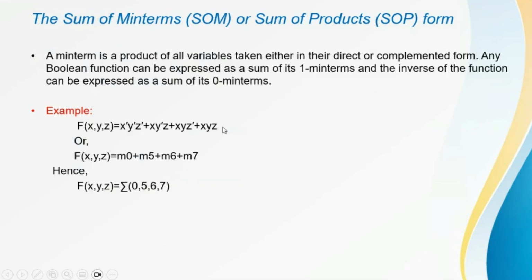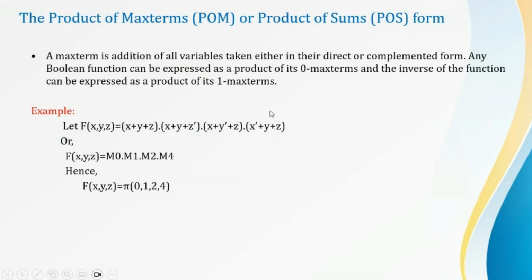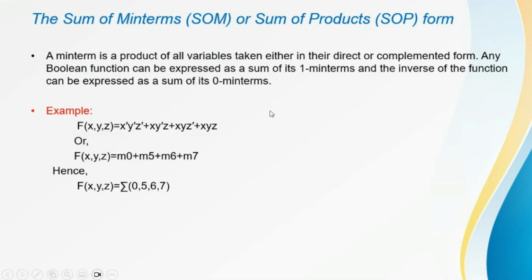So this we call like an AND gate. SOP can be denoted as an AND gate. This can be given as M0, M5, M6, M7, that is 0, 5, 6, 7.